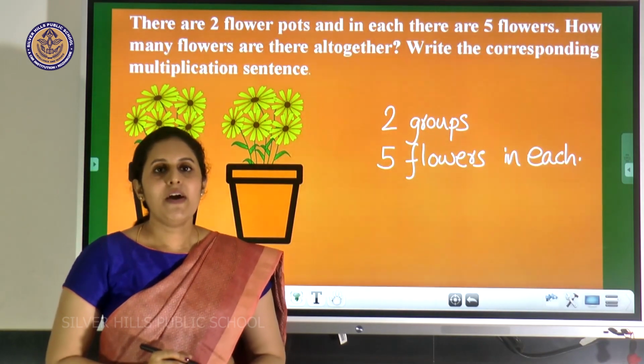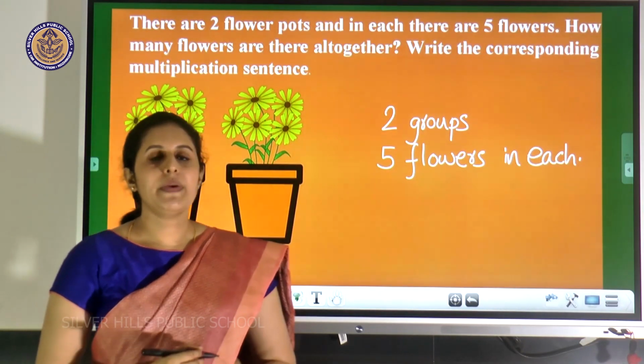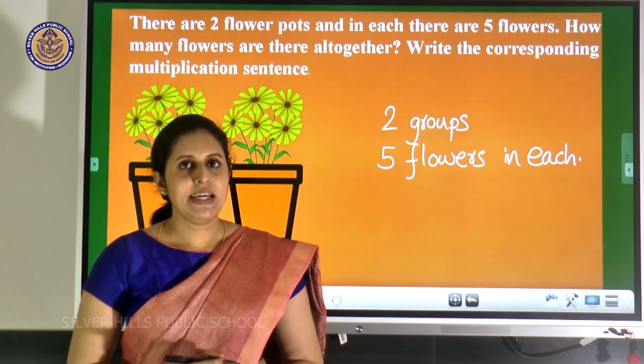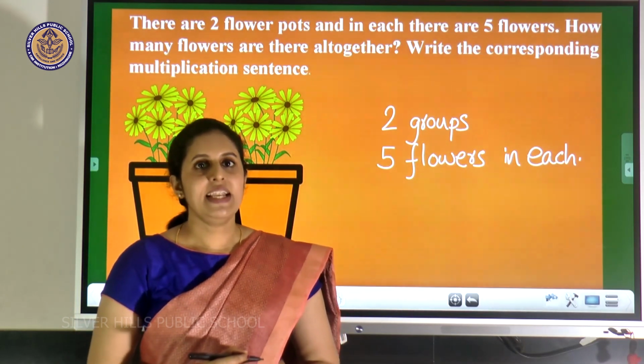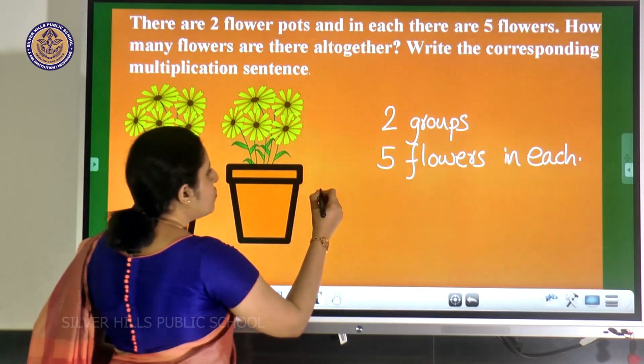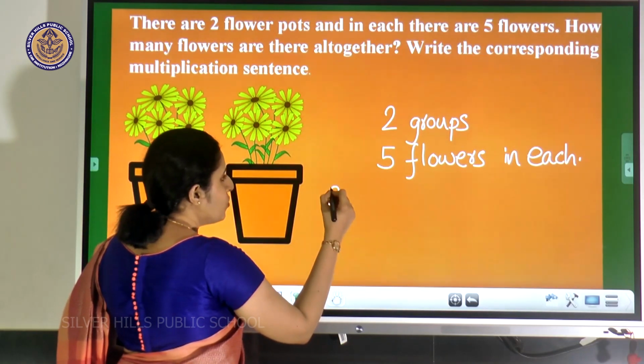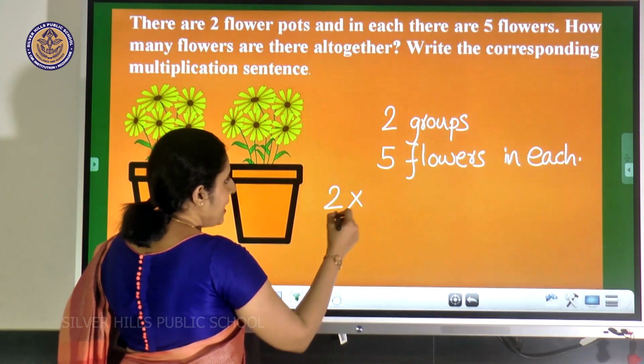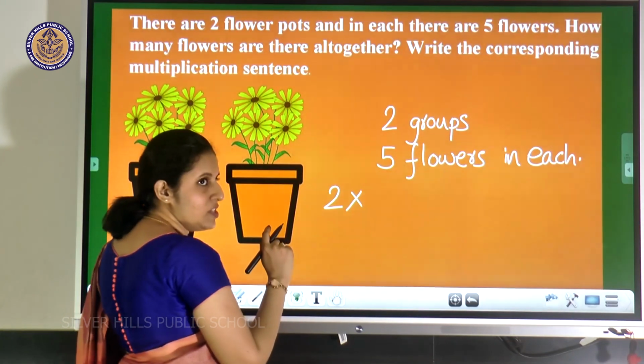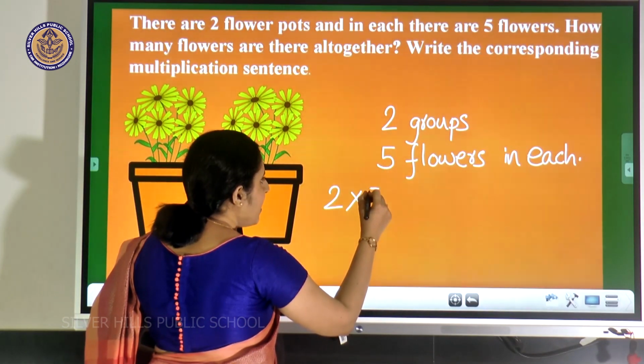So, now how do you calculate the total number of flowers using a multiplication sentence? 2 flower pots, that means 2 groups, times how many in each flower pot? Yes, 5.